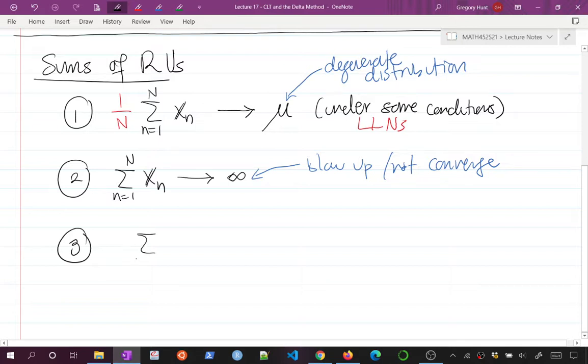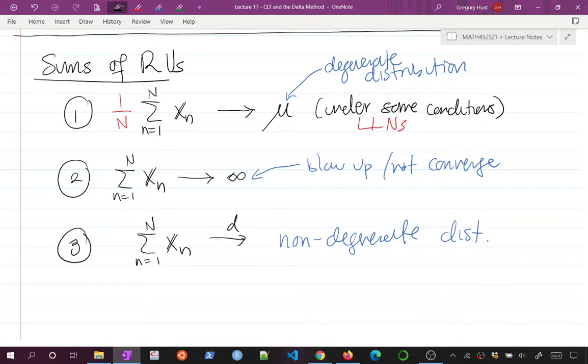So if I look at a sum of random variables, is there some constant out front that I can put in front of them, some rate of convergence constant I can choose, so that this thing converges in distribution to some non-degenerate distribution.